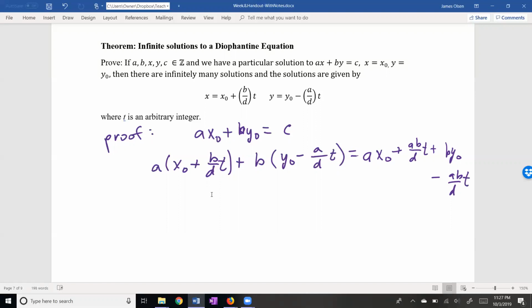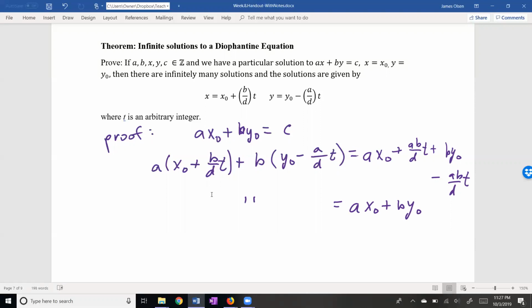That's nice. ab over d t minus ab over d t is 0, so I have ax naught plus b y naught. This whole side comes down.